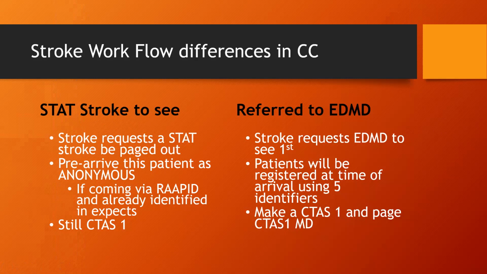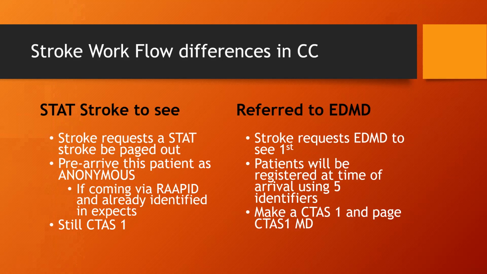If this patient is a stat stroke coming in through rapid, which maybe the patient got seen at the Rockyview and is coming through as a rapid patient, that patient is actually already going to show up in Expects. Rapid has been live with Connect Care since day one. So any rapid patient will be showing up in our pending arrivals or Expects.